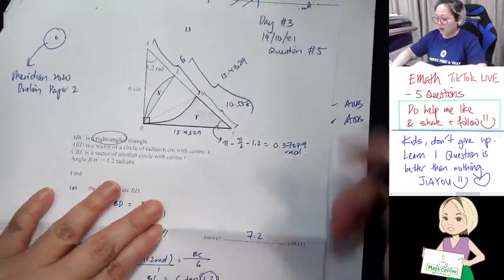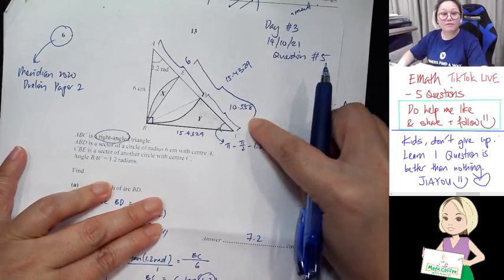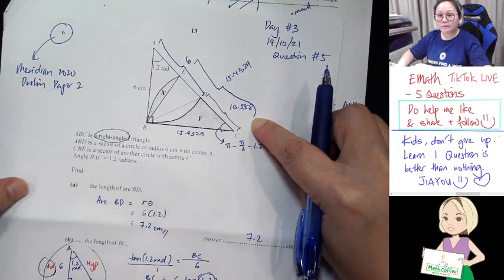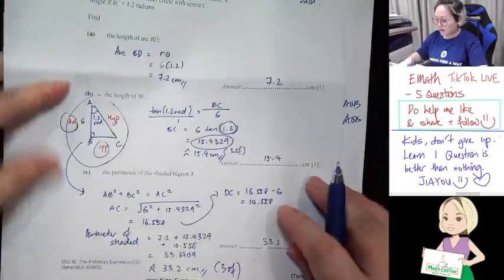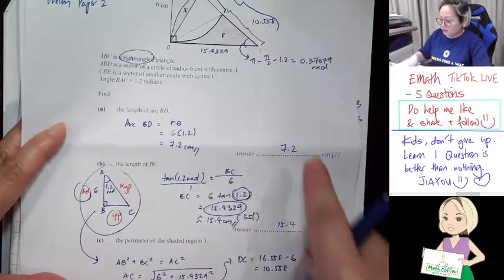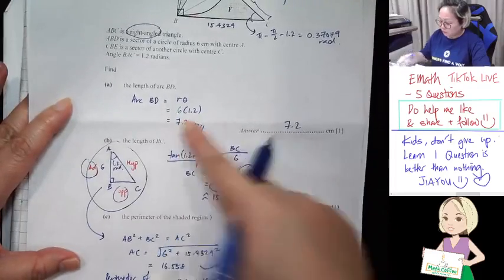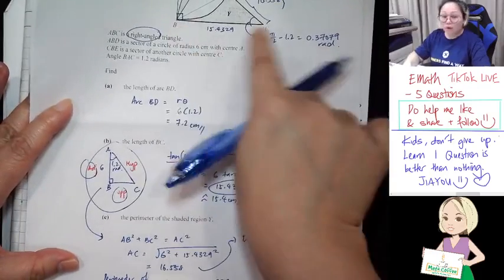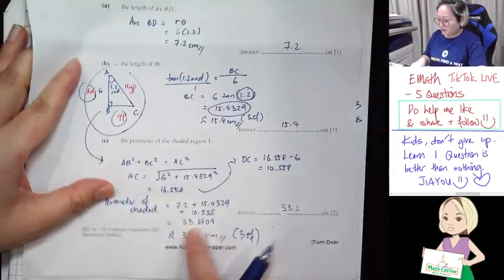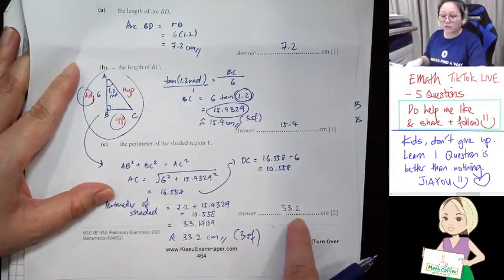And that's why we have this part called 10.558. Then after that, I got 3 lengths. The perimeter of the shaded Y will be this plus this plus this. So I will just take the 3 numbers, 7.2 plus 15.4329 plus 10.558, and I get 33.1909, which is 33.2.